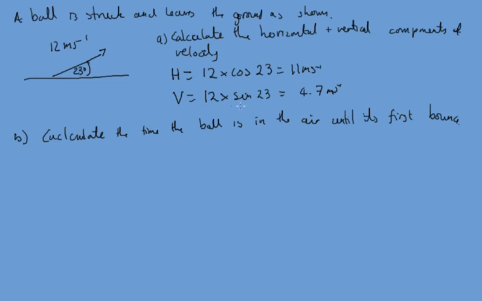So we're going to use the vertical component of velocity. So when the ball returns to the ground, its vertical displacement will be 0. So if you think about the ball, it's going to go up and then down in the vertical motion. So its vertical displacement is 0.